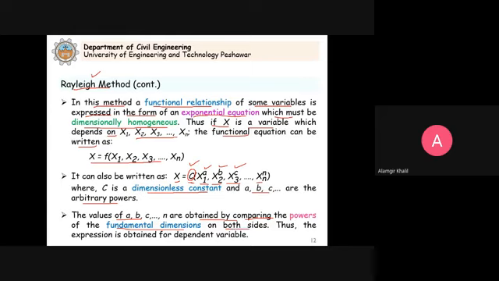That's why we have to ensure that the equation is dimensionally homogeneous. Thus, the expression is obtained for the dependent variable. So this is how the method works. We will solve problems following these steps to see how this method of dimensional analysis works.